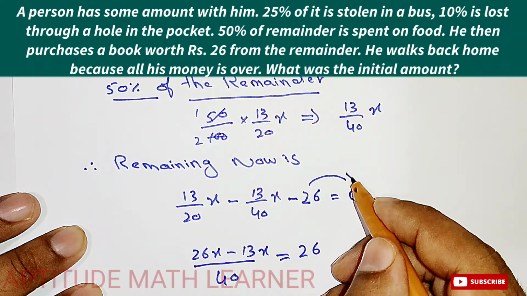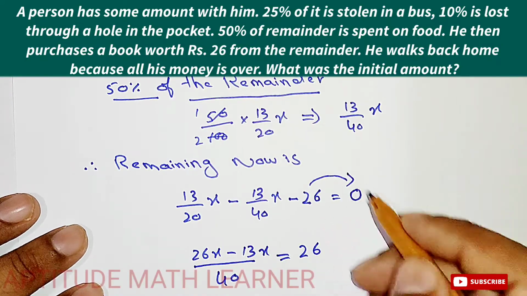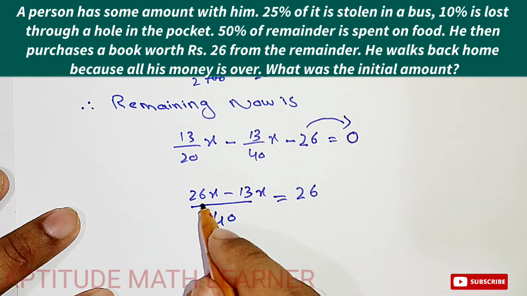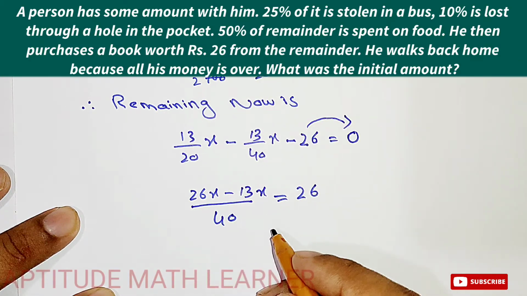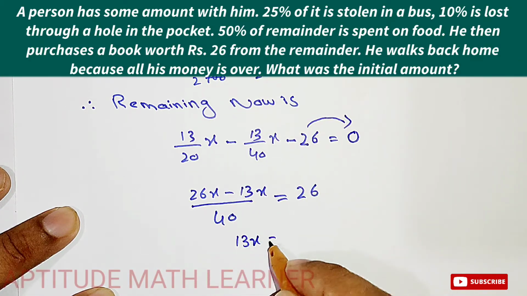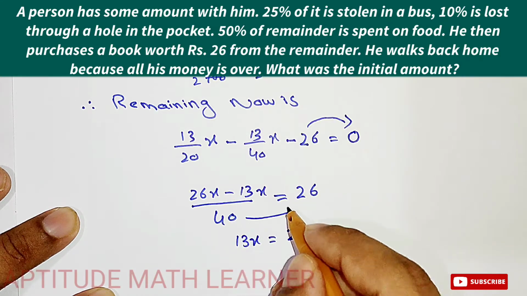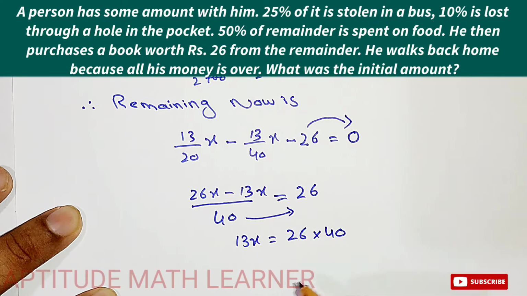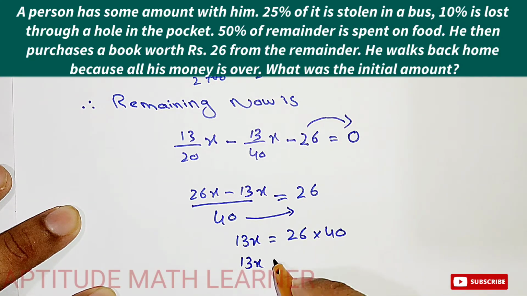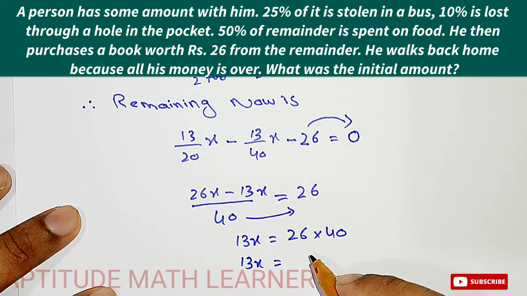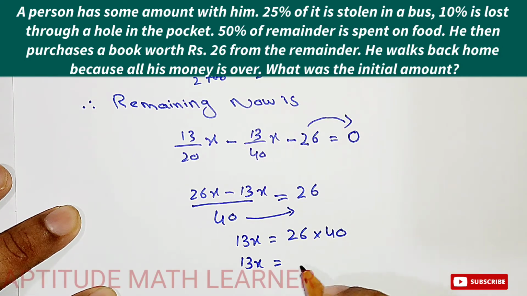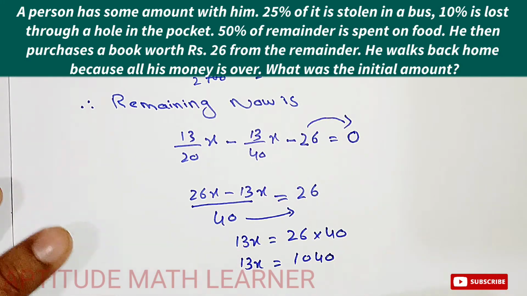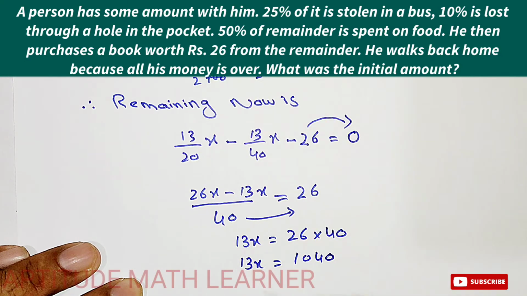Further solving, 26x minus 13x becomes 13x is equal to 26, and this multiplied by 40. So 13x is equal to 26 multiplied by 40, which becomes 1040. I hope till here you have completely understood.